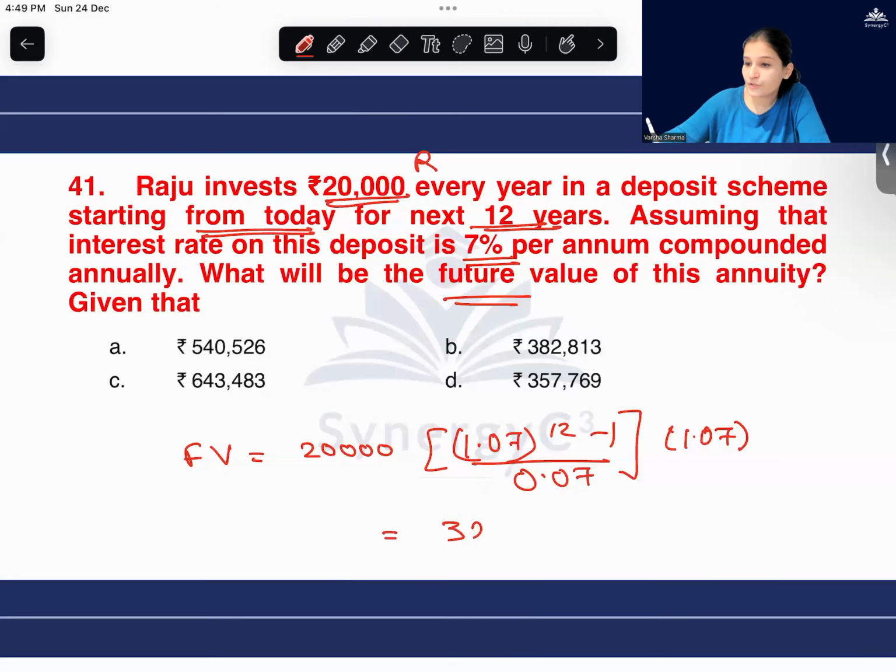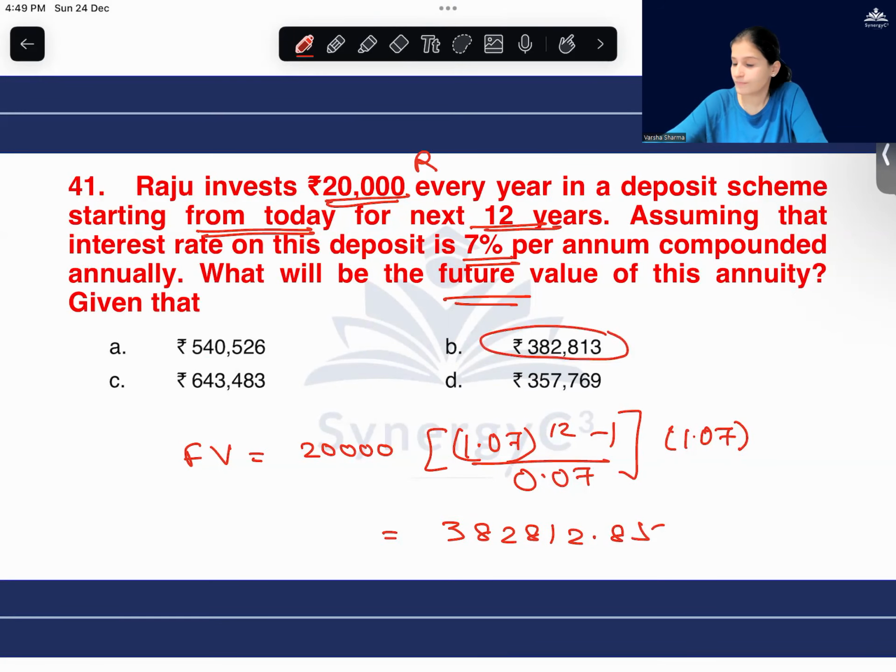Got the answer? 38212.85. The nearest one is B. Yes, the nearest is B.